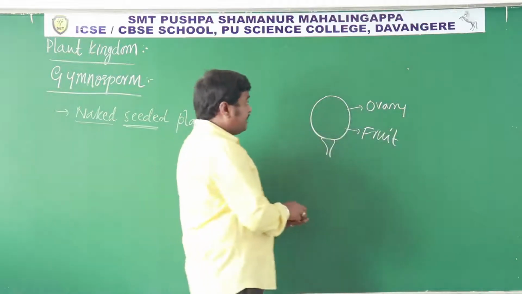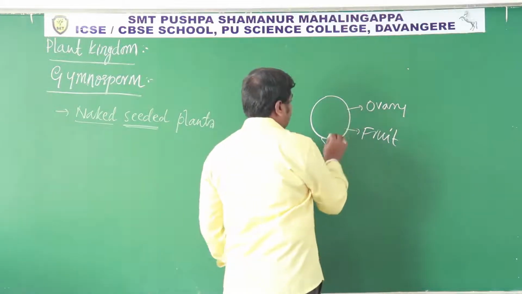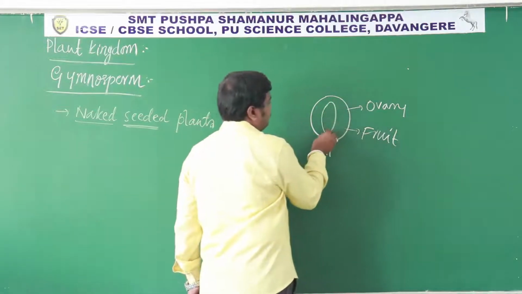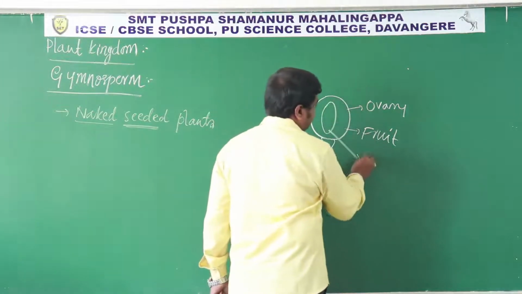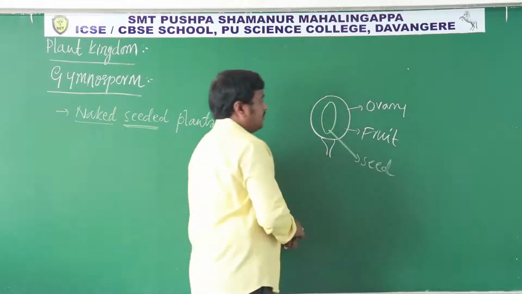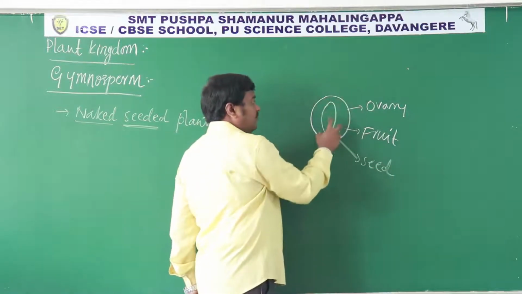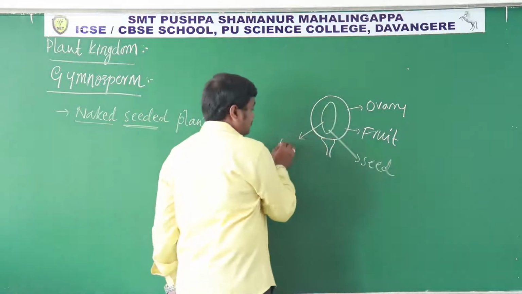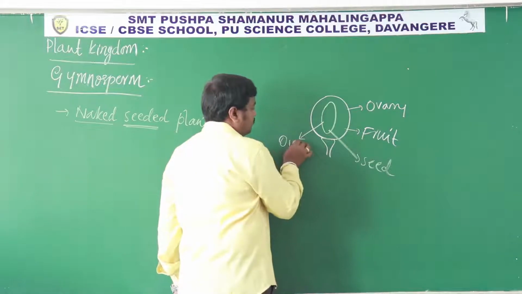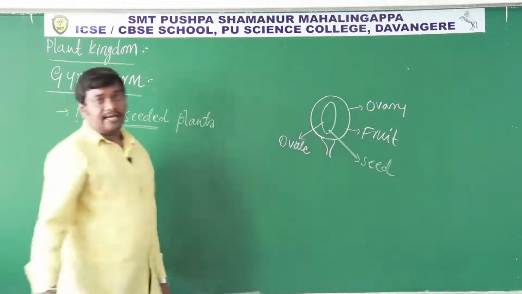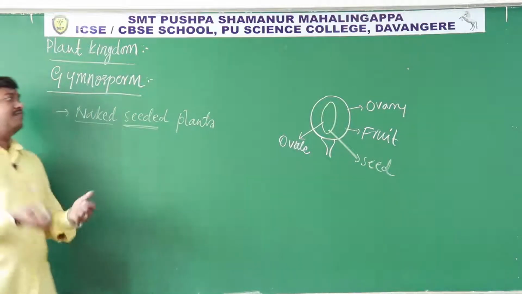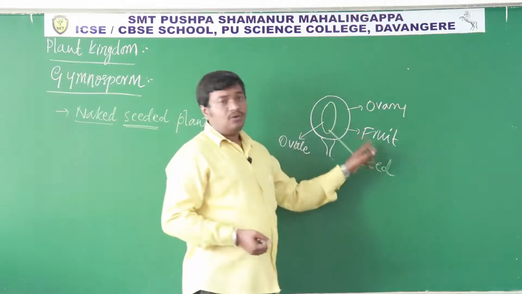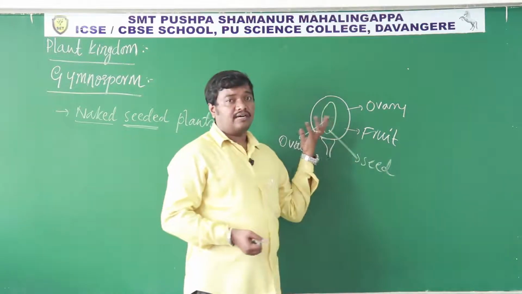Suppose within the ovary there is a single seed. The whole thing is a fruit, and within the fruit one seed is there. This seed is the ovule. After pollination and fertilization, the ovule develops into seed and the ovary develops into fruit. This is the case in angiosperms.